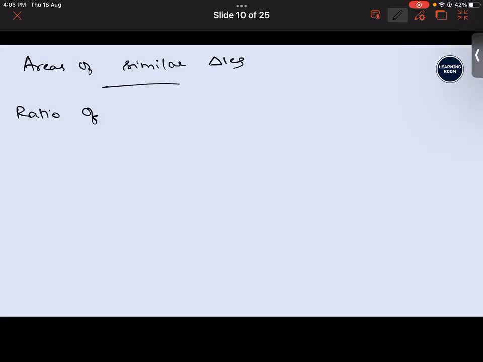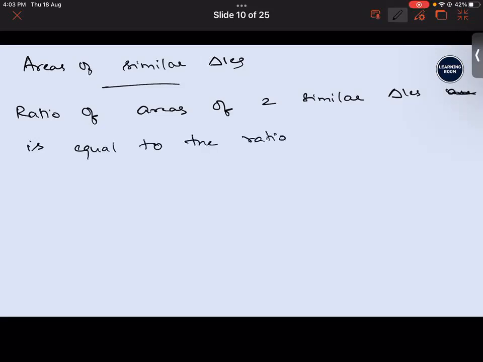So the ratio of areas of two similar triangles is equal to the ratio of whom? The ratio of the squares of the corresponding sides.